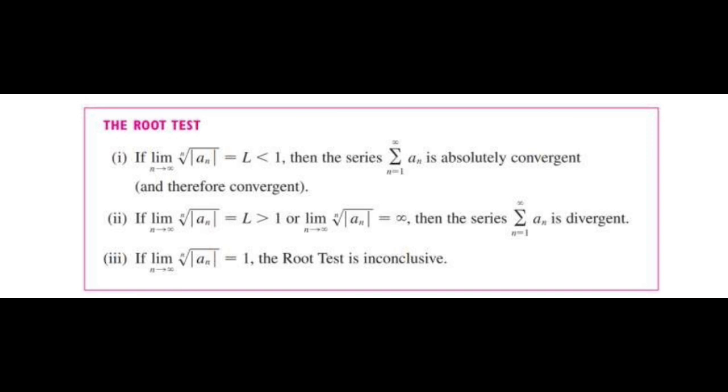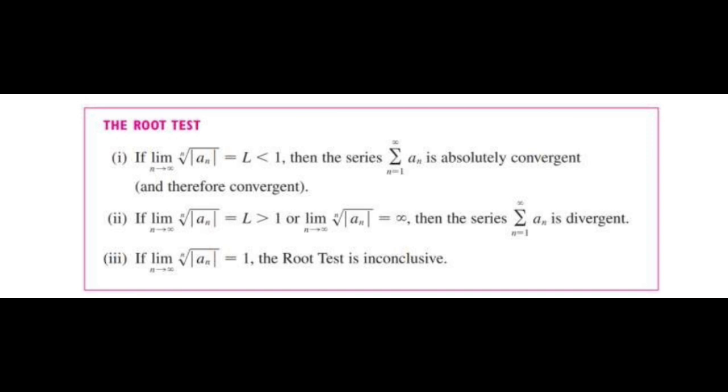On the other hand, if the limit L is greater than 1, or the limit as n approaches infinity of the nth root of the absolute value of a sub n equals infinity, then the series is divergent.